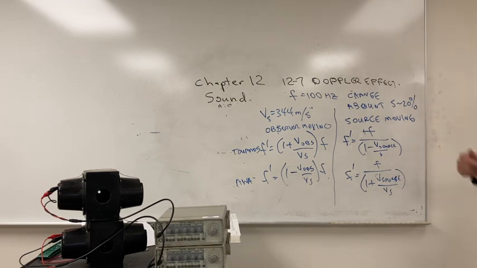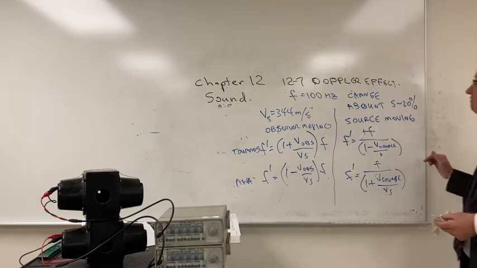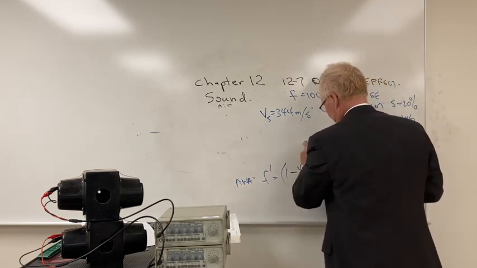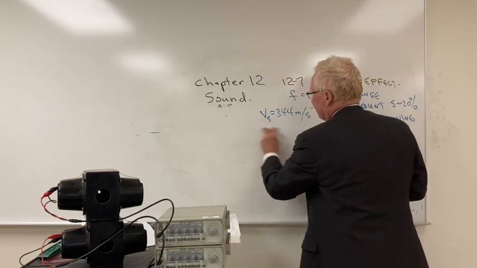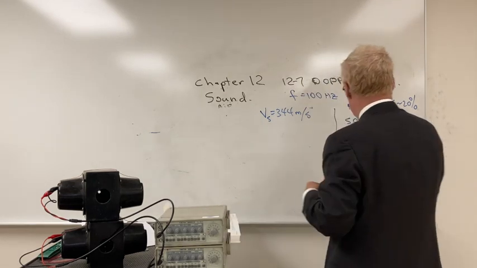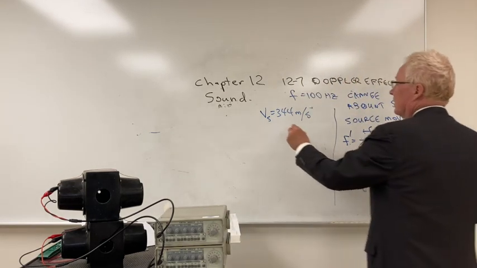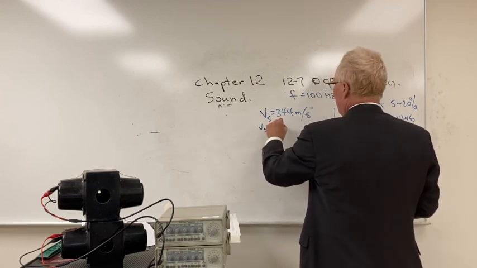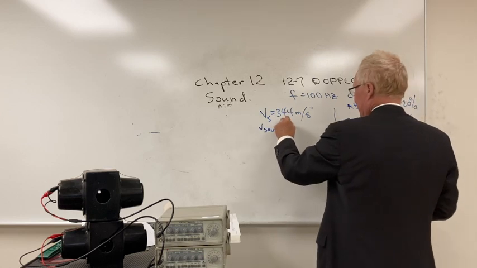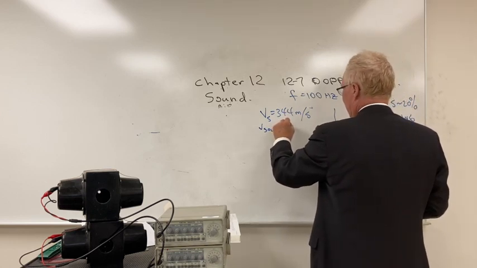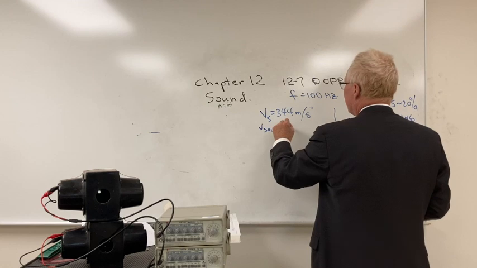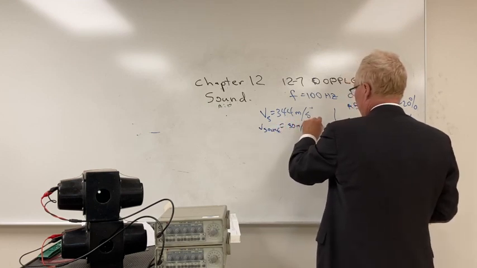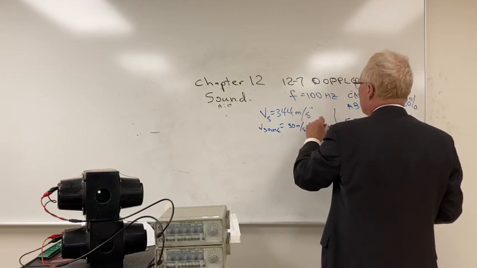Now I'll do an example of 100 hertz. Let's say the source is moving at, say, 30 meters per second, which is about 75 miles per hour.